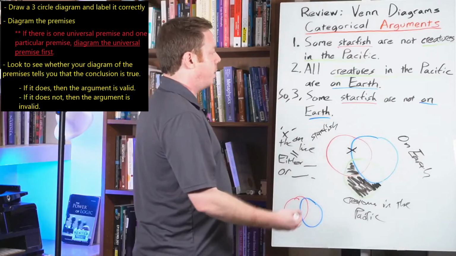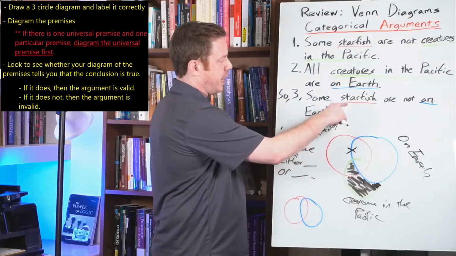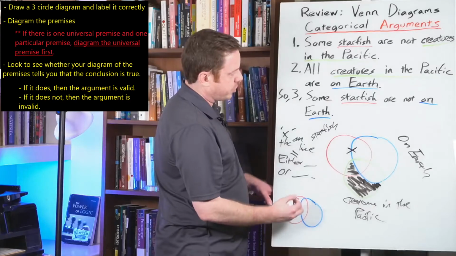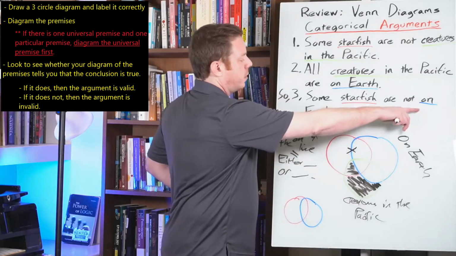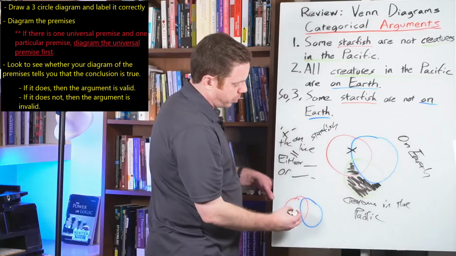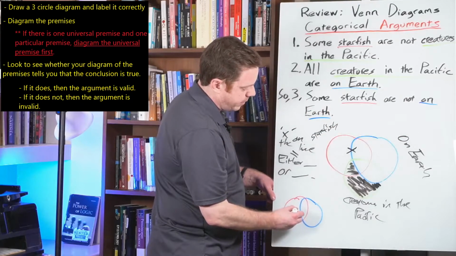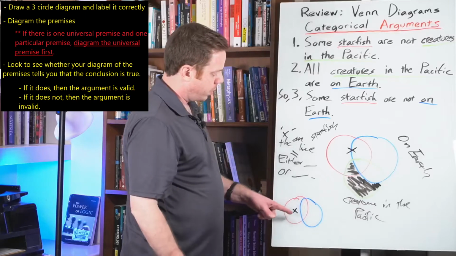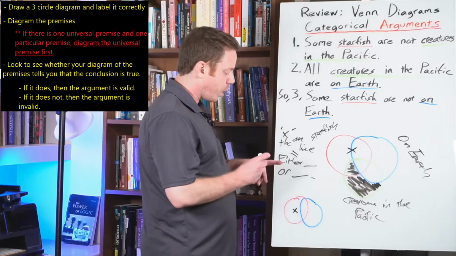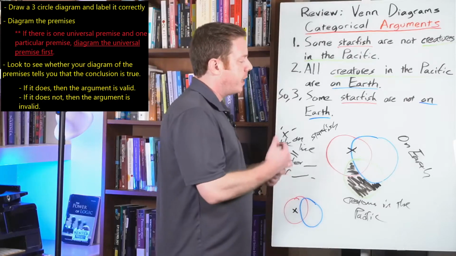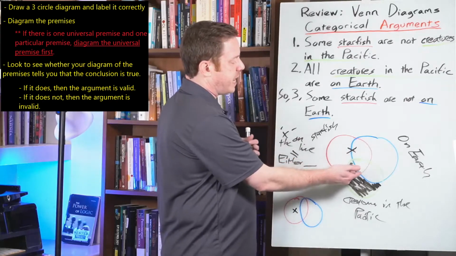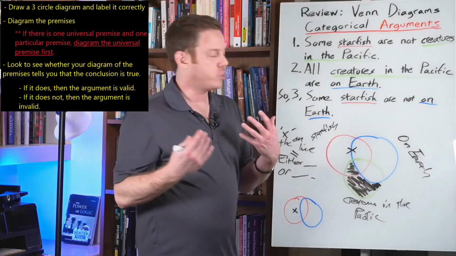So there's at least one thing that's inside the starfish circle, inside the red circle, but outside the blue circle, the Earth circle. So inside the red, outside the blue, that's right there. Okay, if that's what a picture of our conclusion will look like, is that information already contained in the diagram, the picture of our premises?